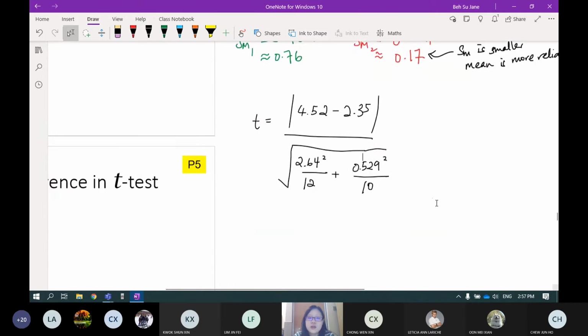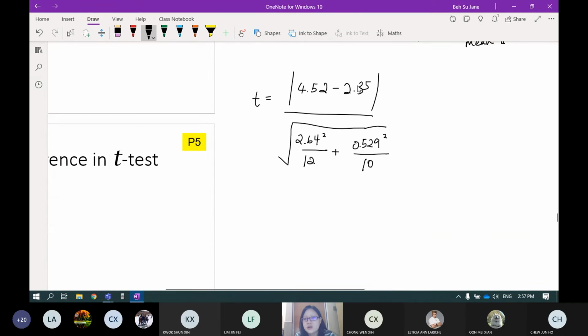So I think you should get, I don't know why I pressed the calculator because I already calculated it beforehand, you should get 2.781. 2.78 to 2 dp.